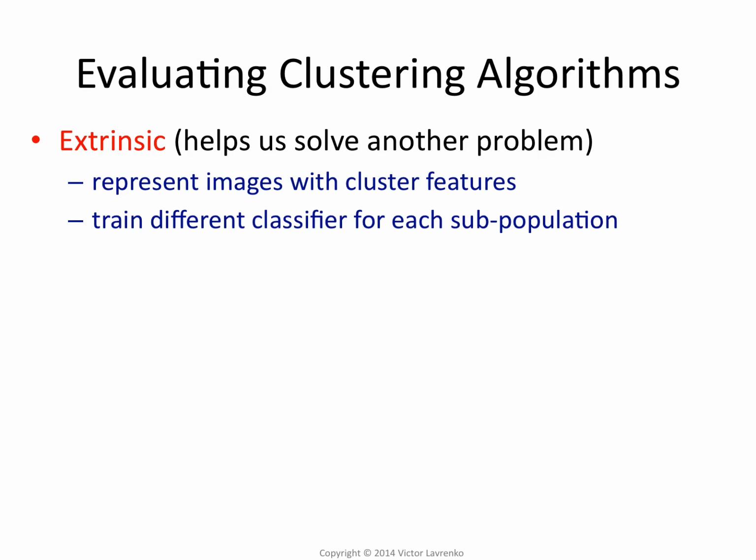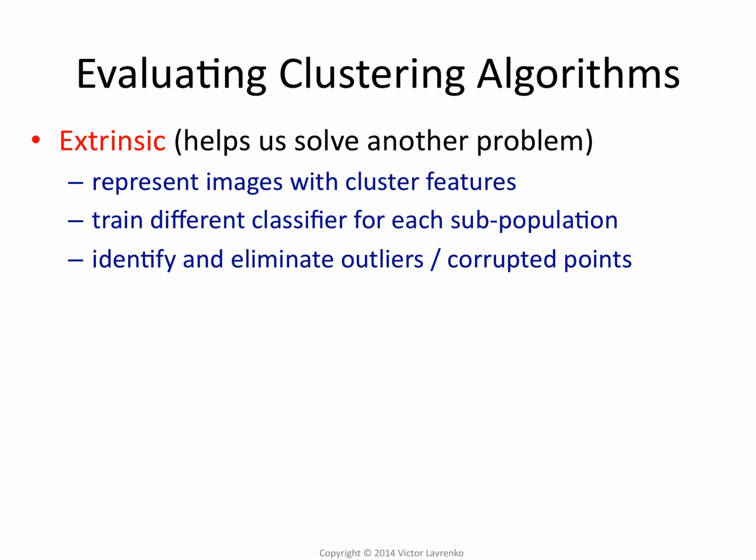An example of this would be that you want to classify images as to whether they contain a person or not. You could use clustering as an intermediate step to convert the image features into some other kind of features, instead of using pixels, and then train a classifier and see if you get better accuracy this way.